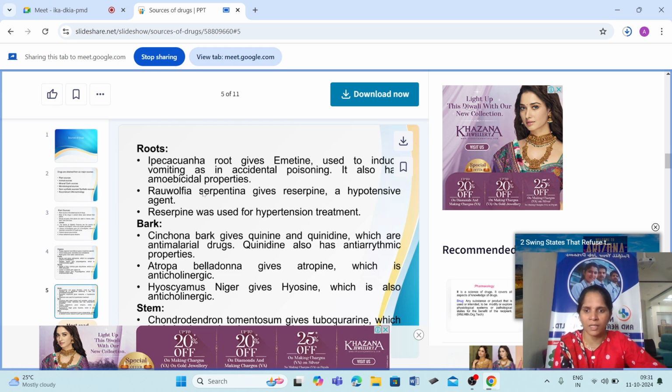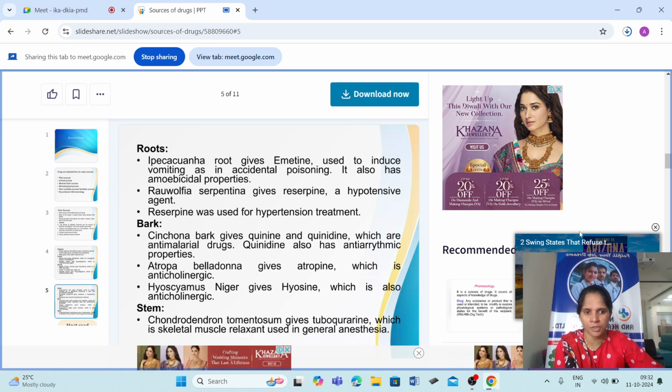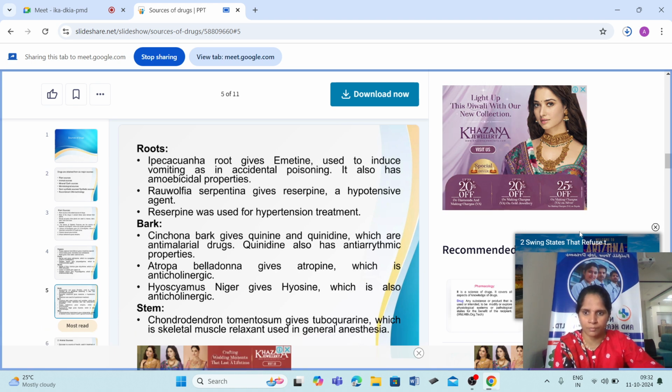And next you have Rauwolfia serpentina, which is going to give reserpine. Reserpine is a hypotensive agent. What do you mean by hypotensive? Hypotensive in the sense it is used for blood pressure purposes, not high blood pressure, low blood pressure purposes. Okay.